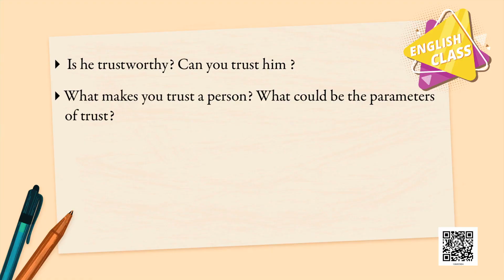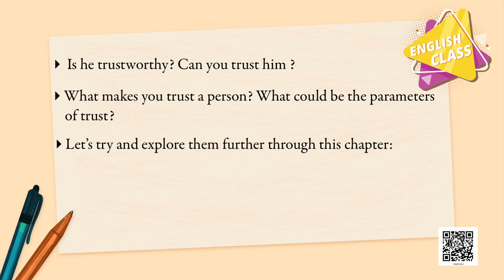What makes you trust a person? What kind of a person would I trust? He should be honest. He should be good. He should not do something wrong. You can make your own pointers. Please think carefully. Let us try and explore this theme further through this chapter.